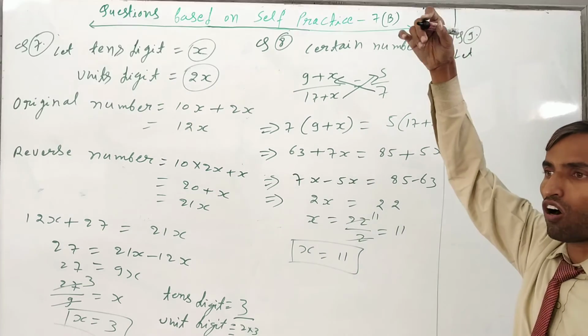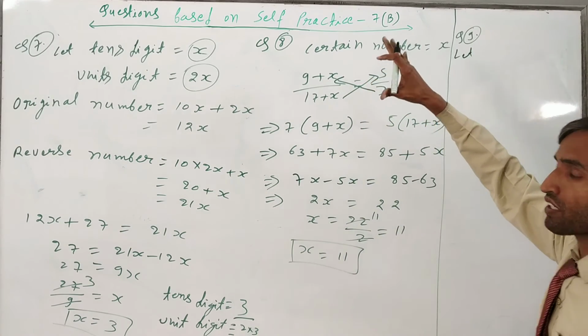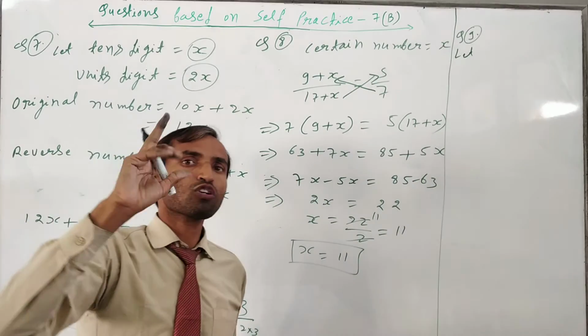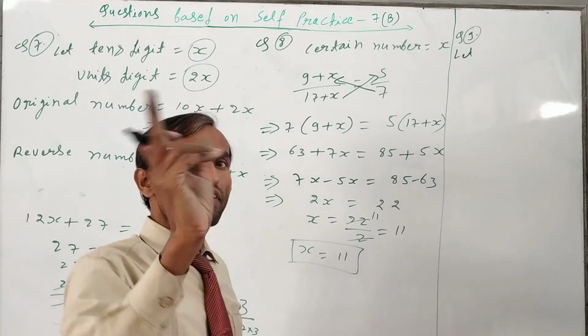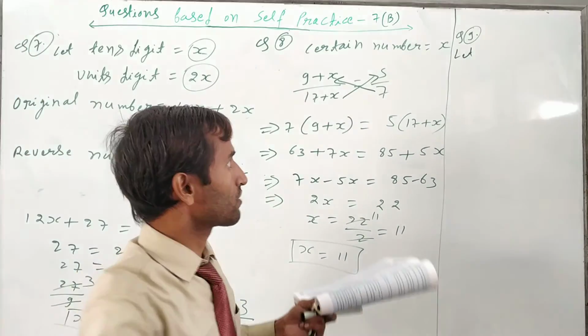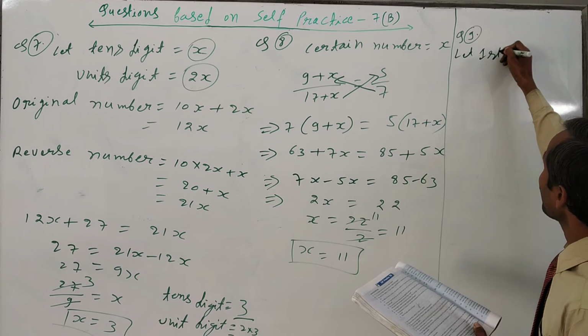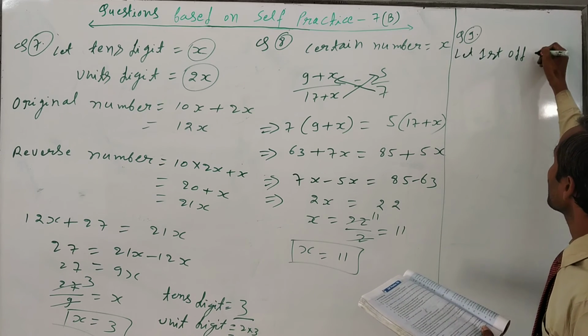Already I have explained how we are supposing these types of question. Suppose one odd number, after that you add 2 each time, because in between there is a difference of 2. So first odd number will be x.